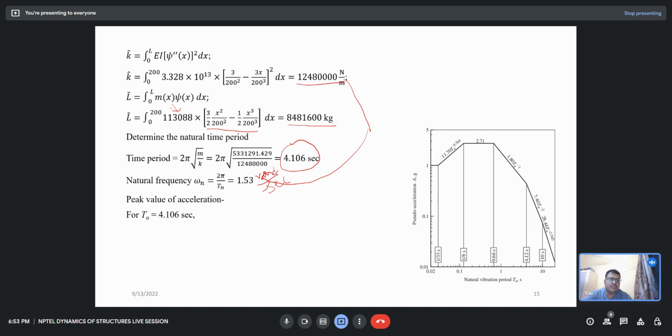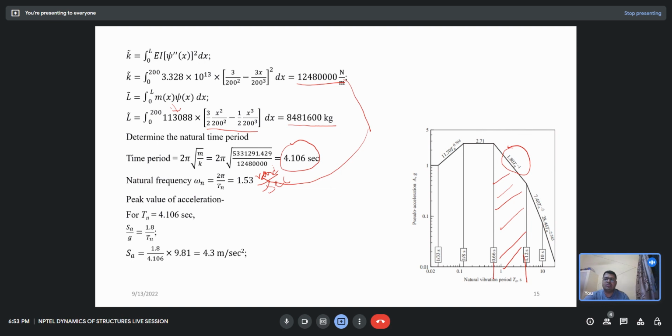My Tn lies in this range, so my SA by G would be 1.8 divided by Tn.